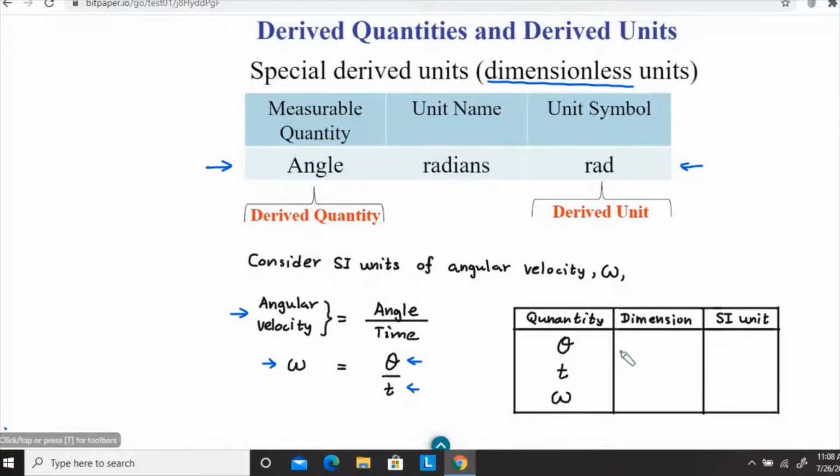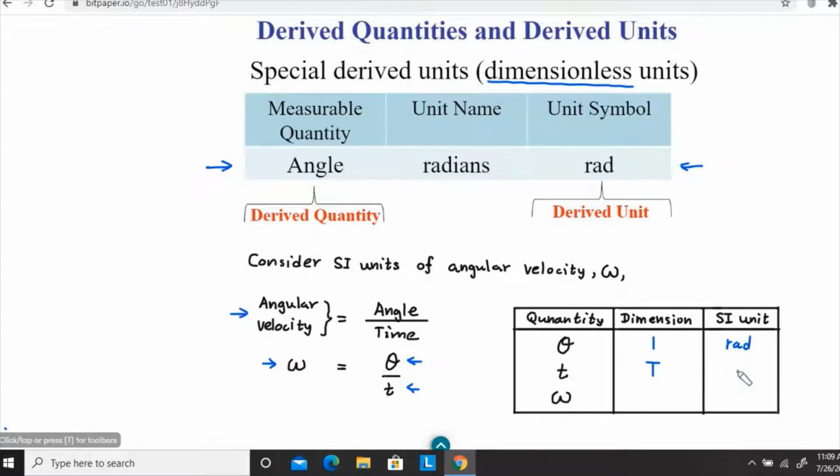So in this table, if we put the dimensions and SI units for these corresponding quantities, for theta, there are no dimensions. It's dimensionless. As a result, we put 1. The SI unit for theta is radians. I'll put rad, R-A-D. The dimension for time is t.